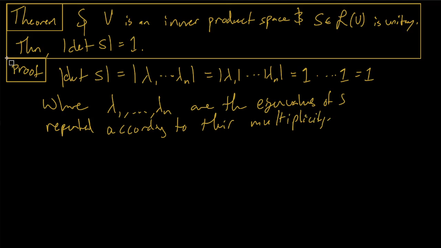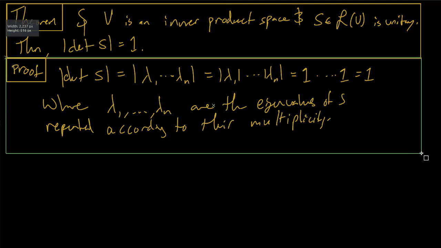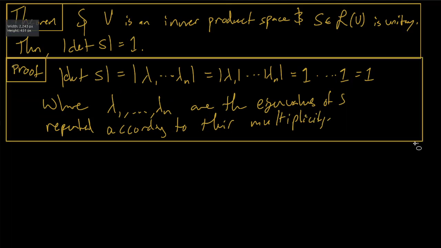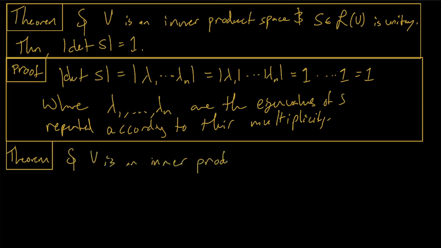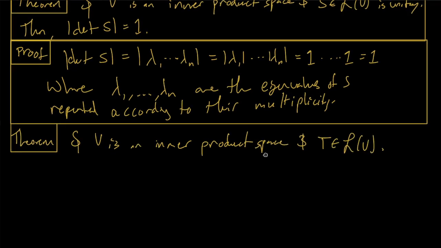Okay, cool. So a nice little bit of theorem right there. Here's the next claim. Theorem, the next claim says the following. Suppose V is an inner product space and T is in L(V).